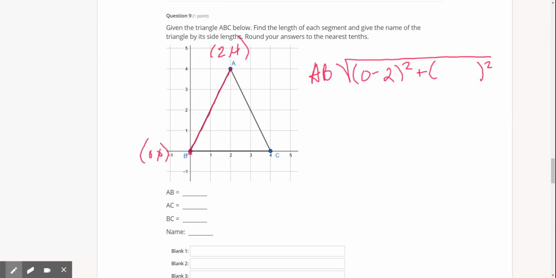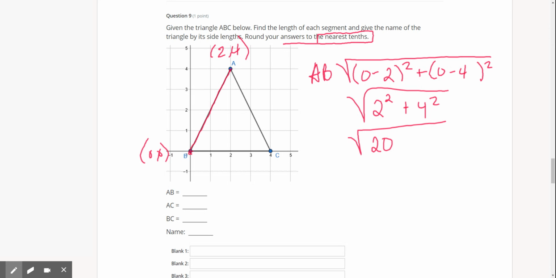So 0 minus 2 squared, which is 2 squared, and 0 minus 4, which is 4 squared. So I get the square root of 20. Did I do that correctly? And it says round to the nearest tenth. So if I do the square root of 20 in my calculator, what is that to the nearest tenth?